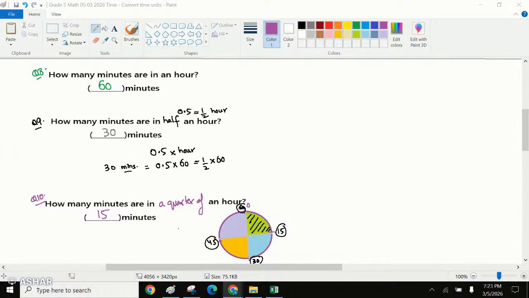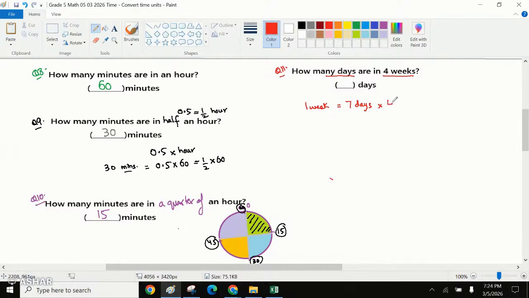There's one tricky question for this. If ever they ask you how many days are there in a month, in a week. If this was question number 11, this is easy: how many days are there in 4 weeks? We know that a week has 7 days, multiplied by 4 weeks. 4 times 7 is 28.